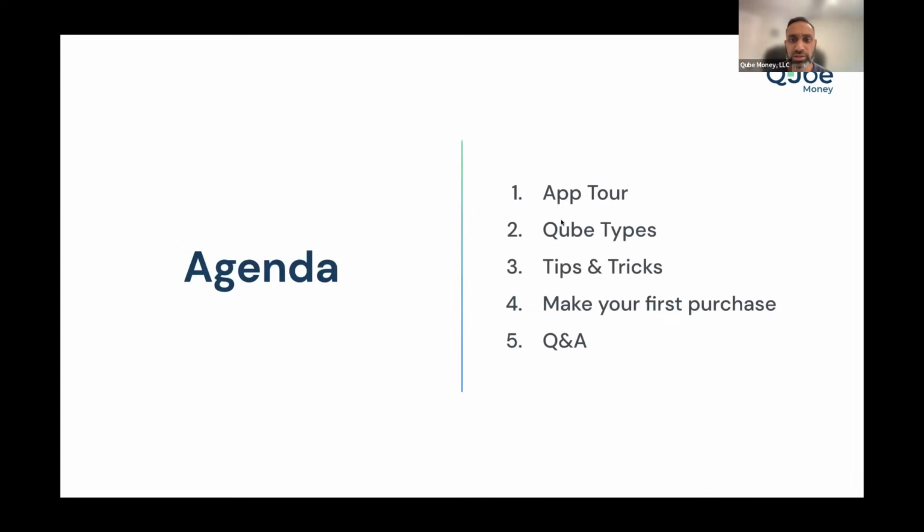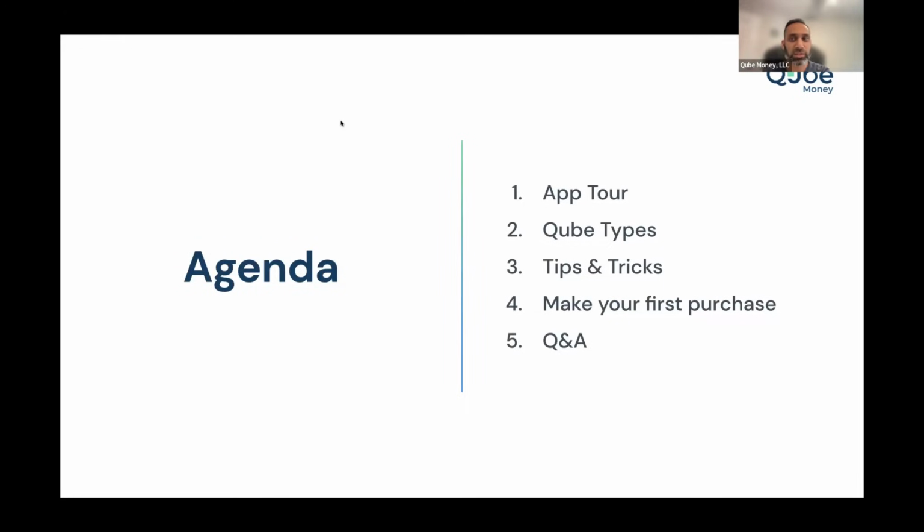All right, so today we're going to cover a couple of things. First off is just an introductory app tour, all the screens, how the navigation works, and how we have divided the different sections. And then Qube types. What was some of the reasoning behind creating the different Qube types, their purpose, and the different use cases?